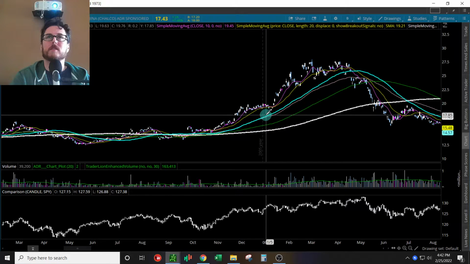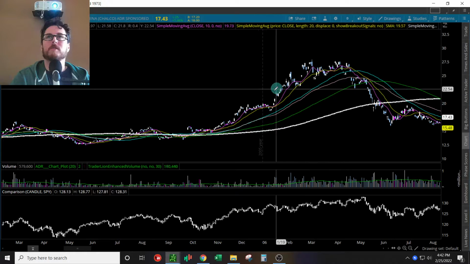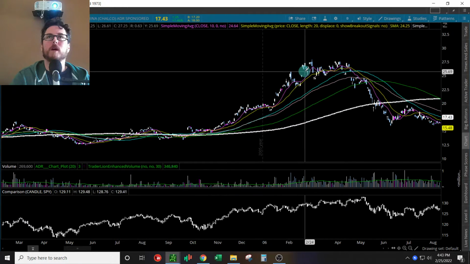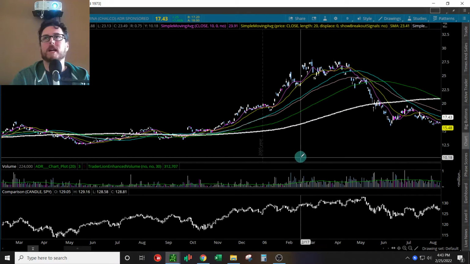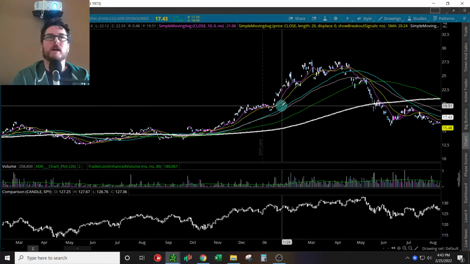It's not opening and closing very close to each other, but I like how orderly it's moving up here. It rises, goes sideways for a while, rises, went sideways, and then it's coming down.